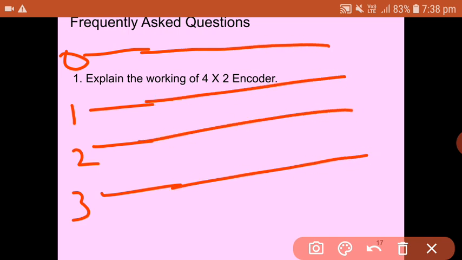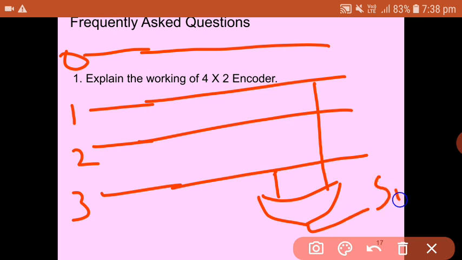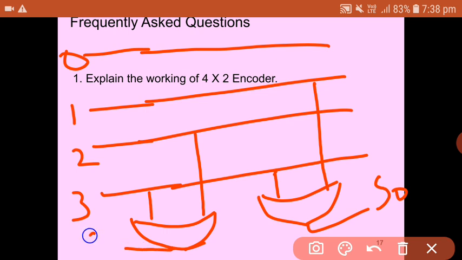For S0 it will be this, and this is connected to an OR gate. So this is the output of S0, and for S1 it will be 2 plus 3. So this will be the output of S1. This is the simple realization of the 4 by 2 encoder with its truth table.